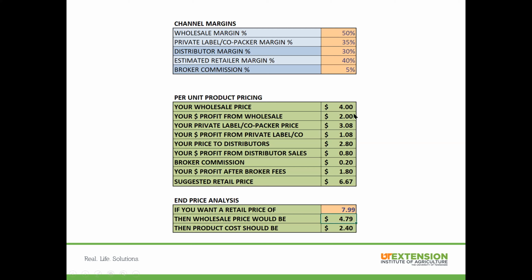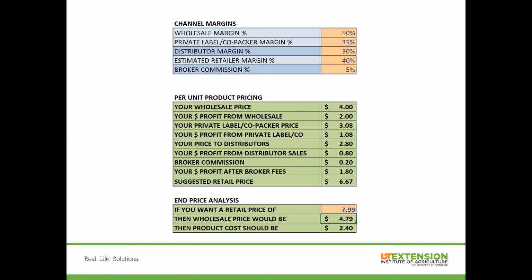In this case, with our cost of $2, we would be charging $4 for the wholesale price, so our profit would be $2. We can also go up here and change the private label or co-packer margin, the distributor margin, or the retailer margin, and so on. We can vary these things accordingly and use this to help us determine what our product costs are and what our pricing should be based on ideal margins.